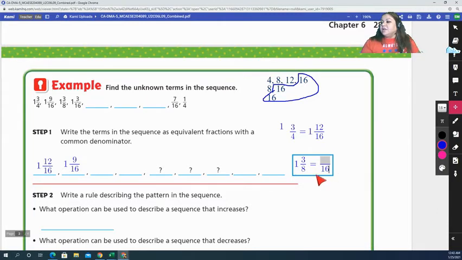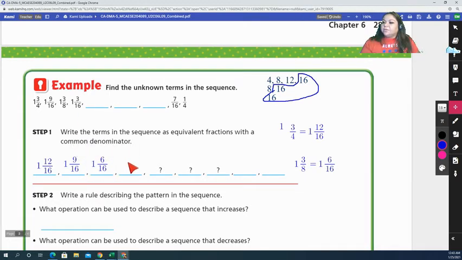So I think, 8 times what number will give me 16? 8 times 2, right? Okay. So now 3 times 2 is equal to 6. Make sure you bring the whole number. So the equivalent fraction of 1 and 3/8 is 1 and 6 sixteenths. So I'm going to write that here. 6 sixteenths. The whole number is 1. And let's move this up.